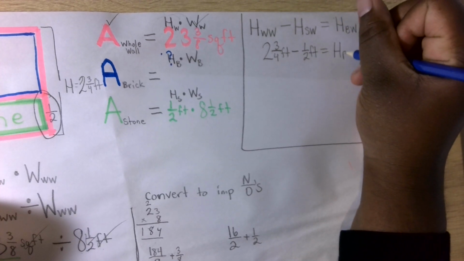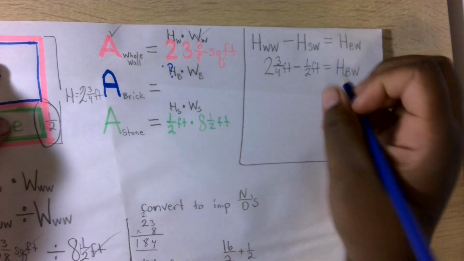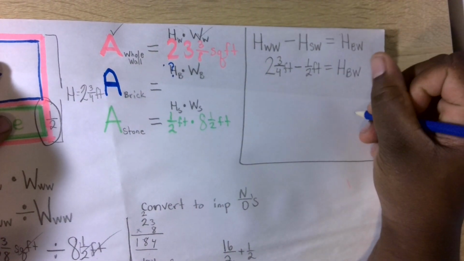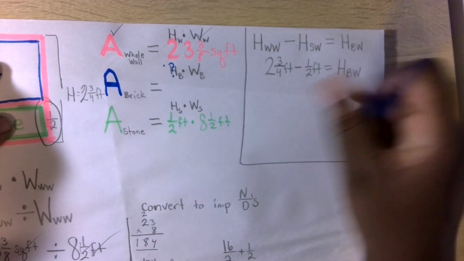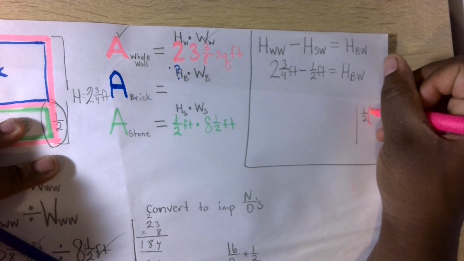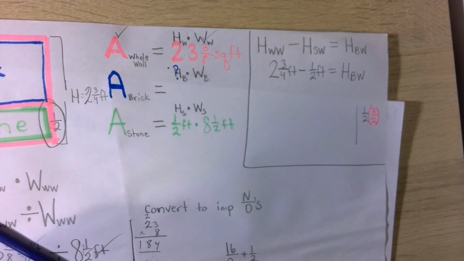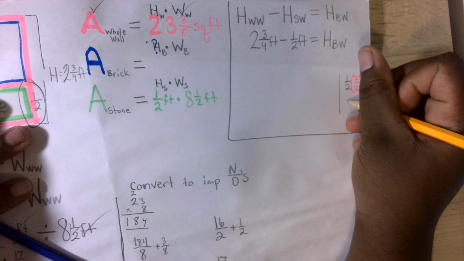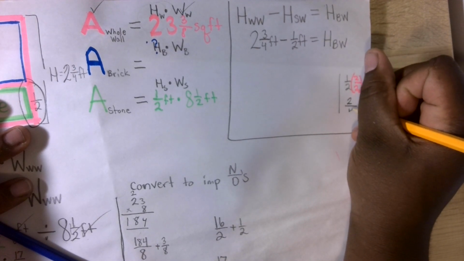Give me the height of the brick wall. I cannot subtract halves from fourths. I'm going to do a little side calculation here and convert my 1/2. One half times 2 halves gives me 2/4.